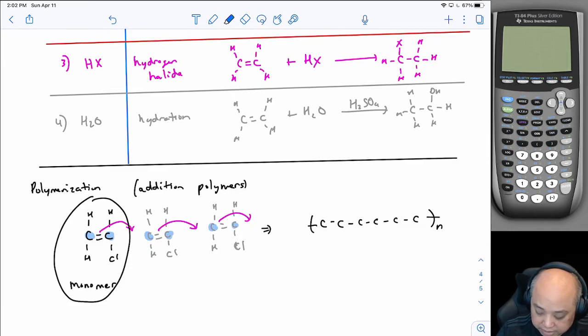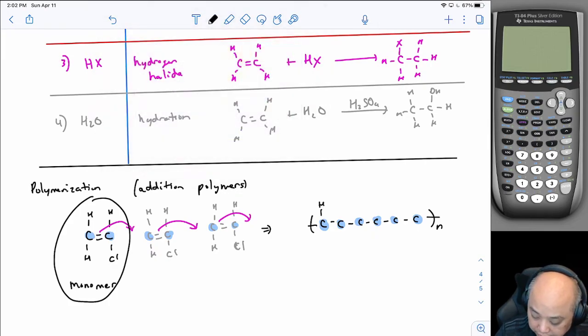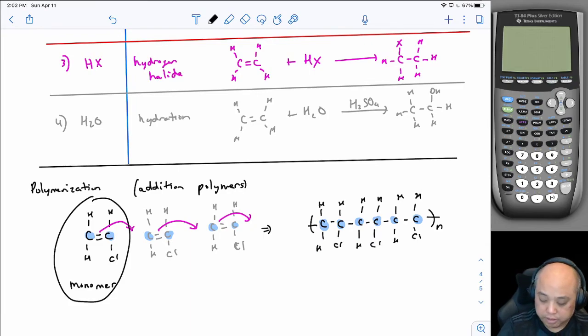It doesn't matter if you have CH3 groups hanging off there; those don't become part of the main chain. They get pushed aside up top or on the bottom for the structure. So don't worry about that. So you will then fill in the rest of the groups here to show a repeating pattern here.